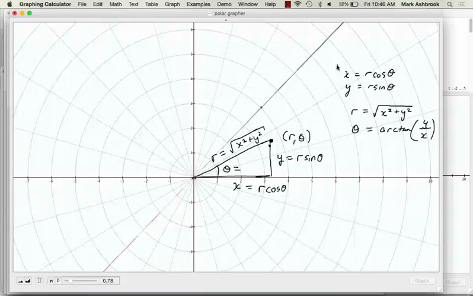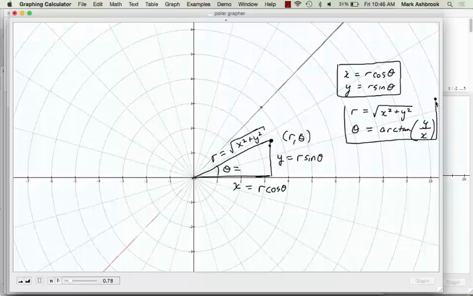So these become our means of conversion. If you have the polar coordinate and you want the x and y, it's going to be r cosine theta, r sine theta. If you have the rectangular coordinate and you want the polar coordinates, r is going to be the square root of x squared plus y squared, just from the Pythagorean theorem. And then from the right triangle shape, theta would be the arctan of y over x.